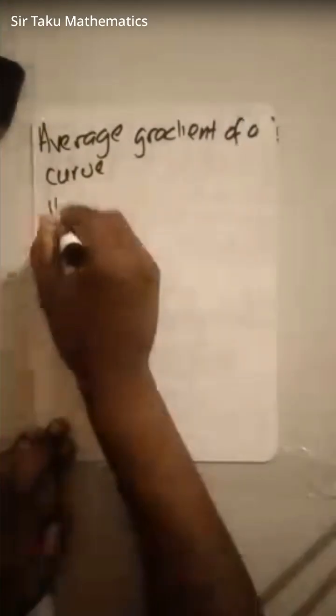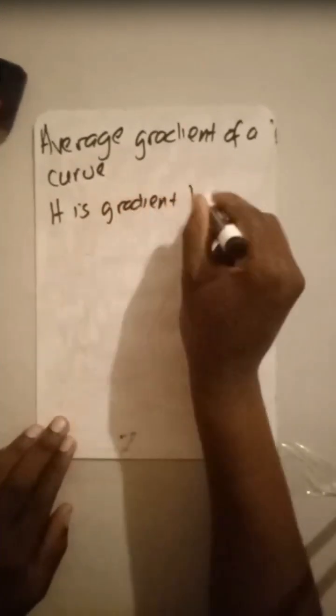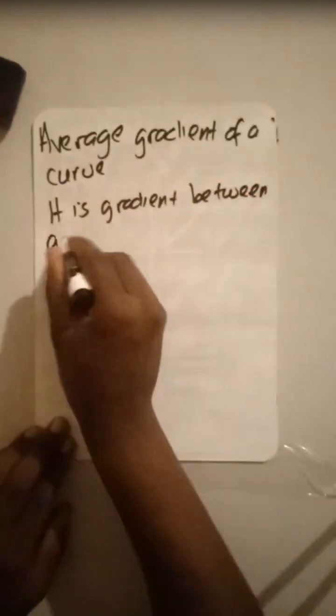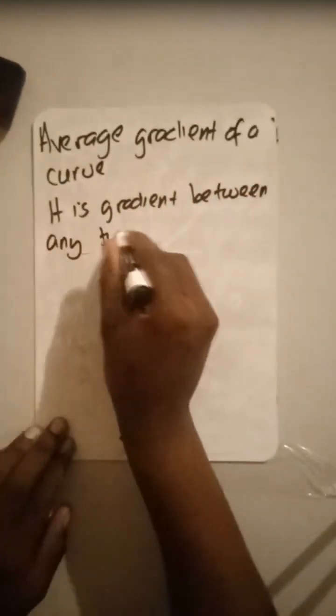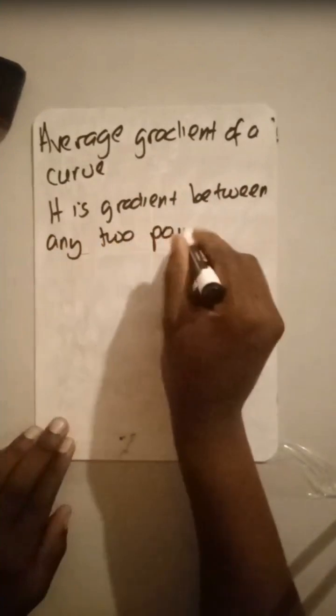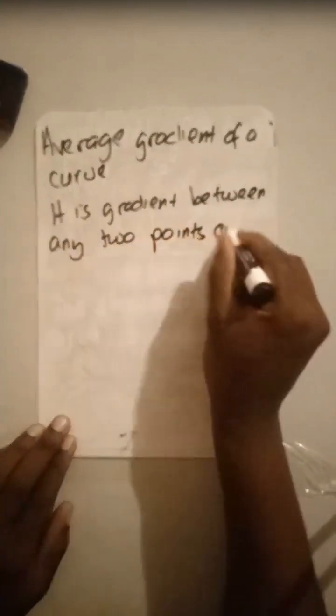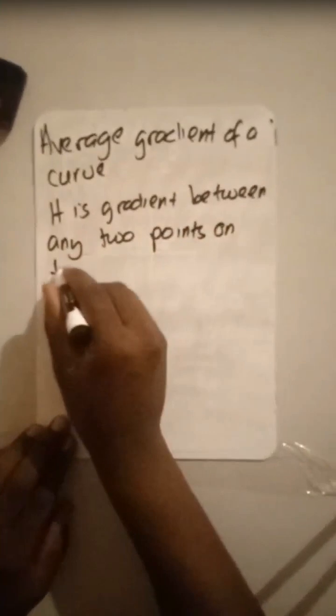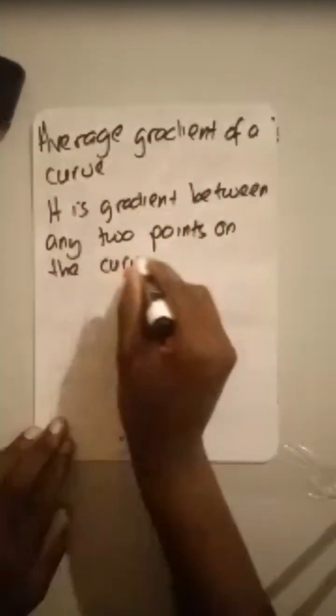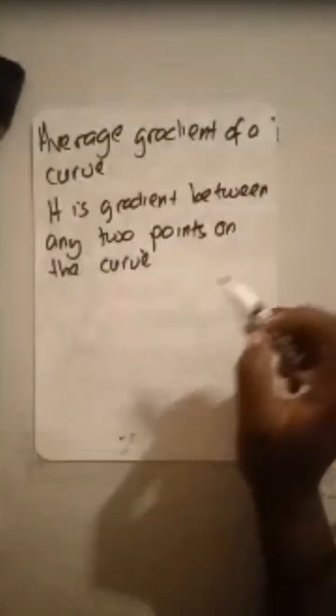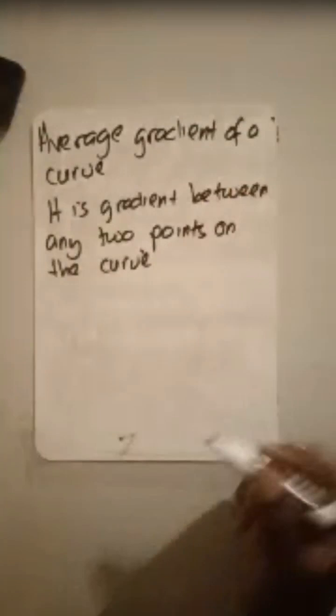It is the gradient between any two points on the curve. That is what we call the average gradient.